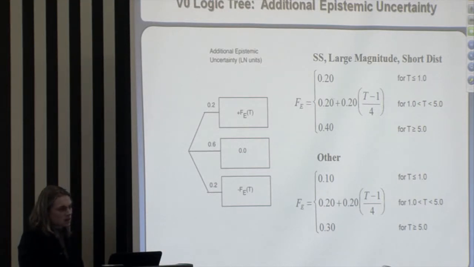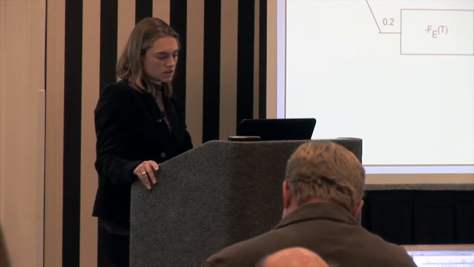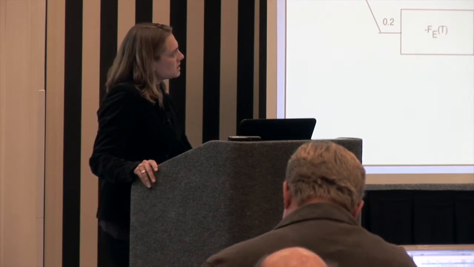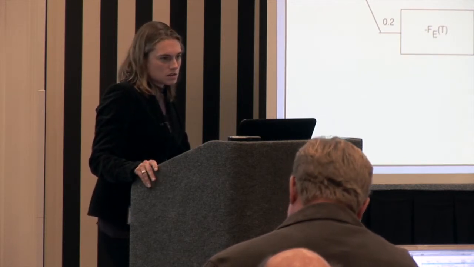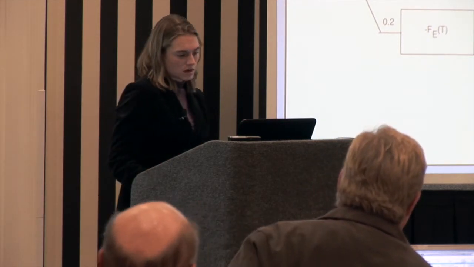And this particular epistemic uncertainty model came out of an analysis that Bob Youngs did in 2009. And he looked at the standard deviation of a single NGA model, and he also looked at the variability between the standard deviations of the suite of NGA models. And based on his conclusions, we came up with these 2 epistemic uncertainty models for application to Diablo Canyon.